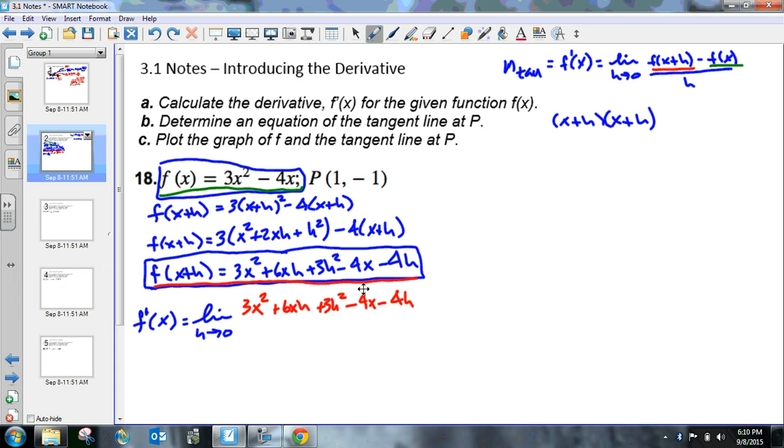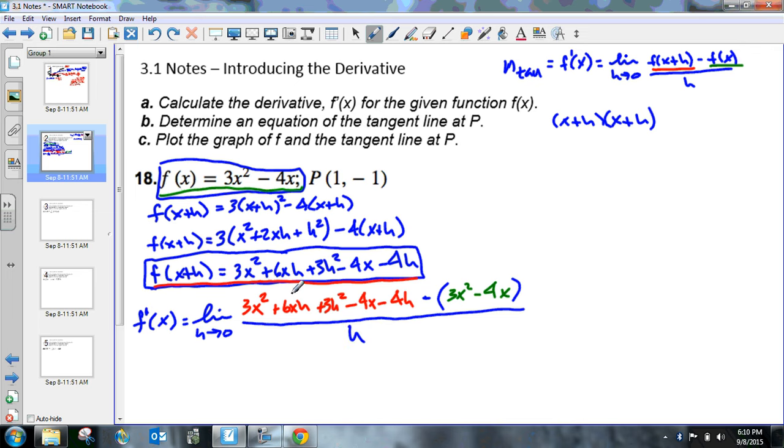And then I'm going to subtract my f of x. Now, guys, I'm subtracting a function here. This is an entire quantity, and this is where you're going to get screwed up. When I subtract this, I want to always put this in parentheses, and I'm going to write out my function, which is 3x squared minus 4x, in parentheses, and then I'm going to divide all of this by h.